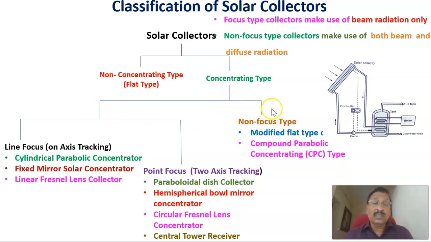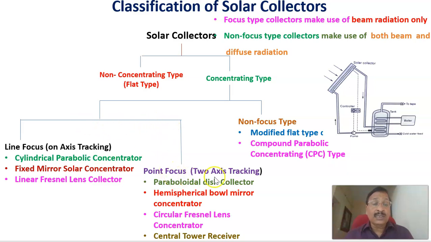This is called concentrating, or the non-focus type. And the focusing type means line focus, which is single axis tracking, focusing on an axis, and that includes the cylindrical parabolic concentrator, fixed mirror solar concentrator, and linear Fresnel lens collector. Therefore, there are three sorts of classification.